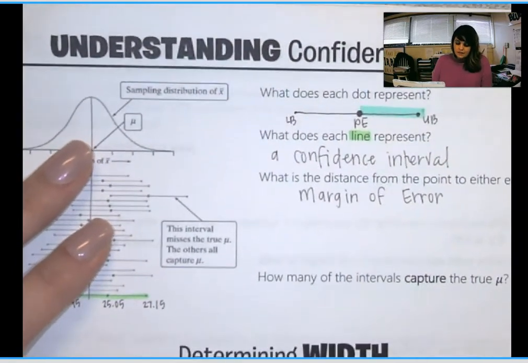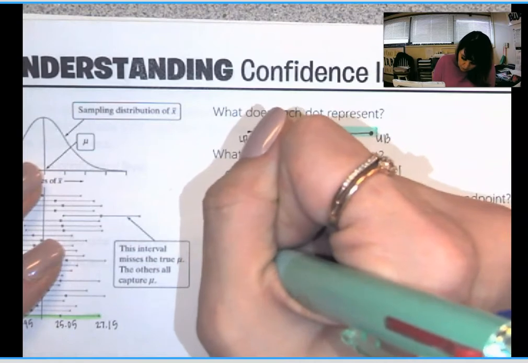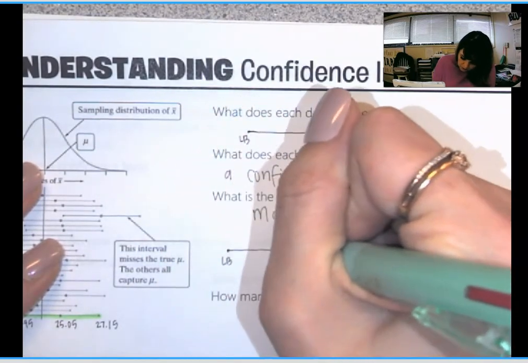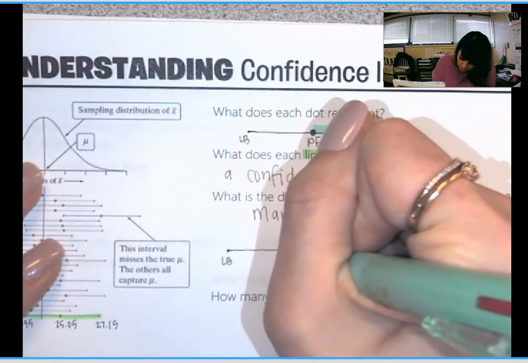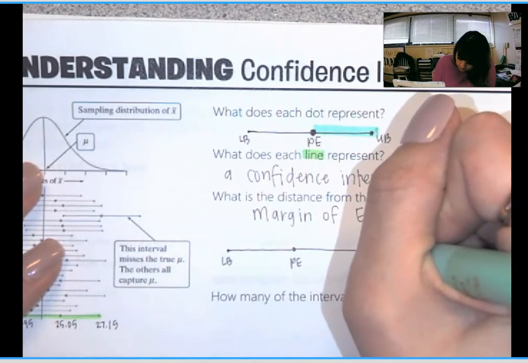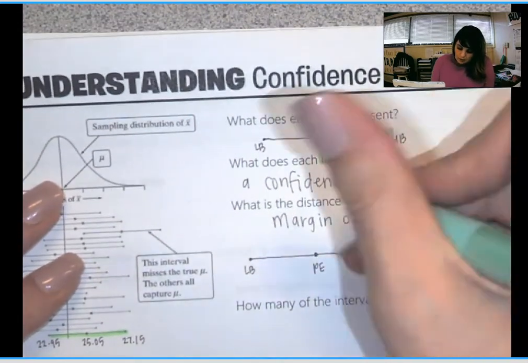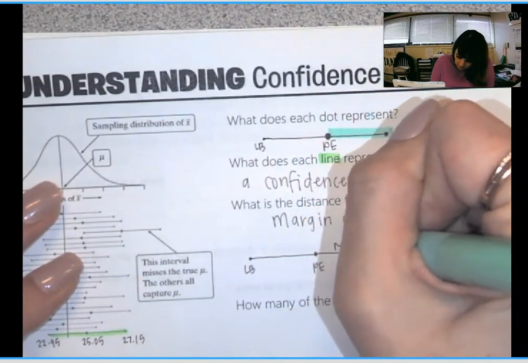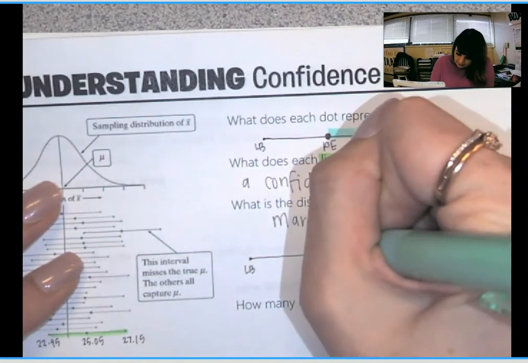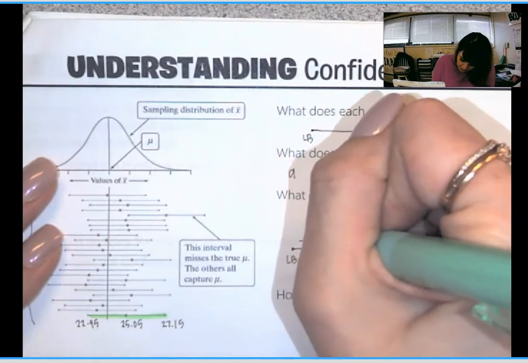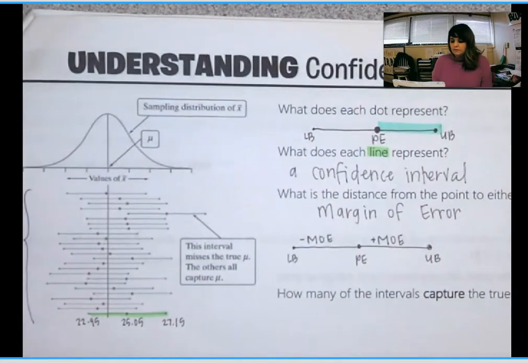We could get even more specific and say this is the lower bound, this is the point estimate, this is the upper bound, and this is the margin of error. This is plus the margin of error, and this is minus the margin of error.